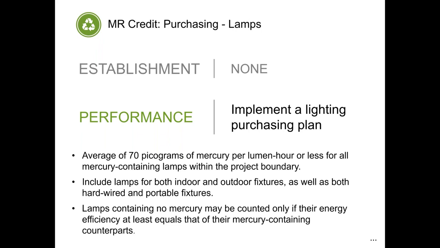Any lamps that do not have mercury can be counted only if their energy efficiency at least equals that of their mercury containing counterpart. So essentially you're focusing on anything that does have mercury in it. So your LEDs would be excluded here. You can include them if that efficiency is at least equal to the mercury containing counterpart, which for an LED most certainly is.